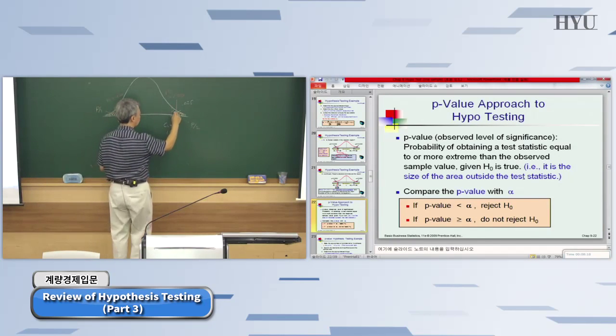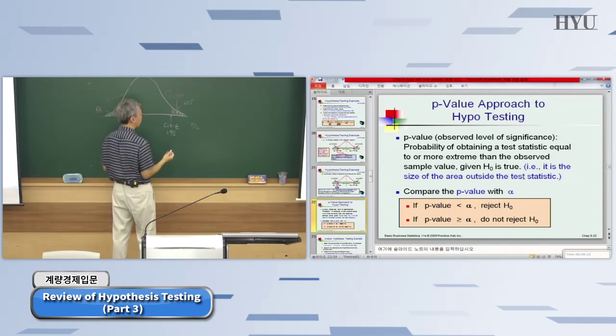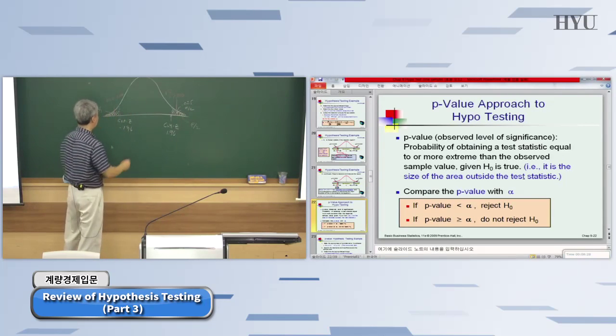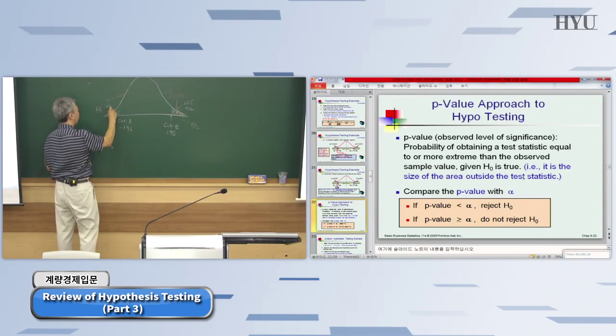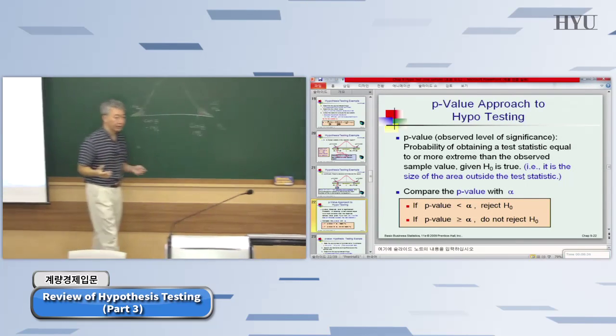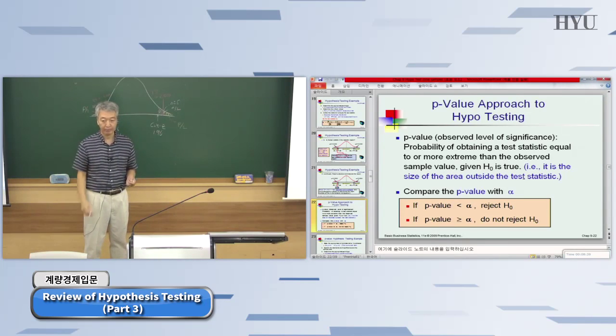Yes. This white shaded area, in our example, is 0.025, I told you, right? But that's half of alpha, and here's another half of alpha. So when you add them up, the total size of the white shaded area is alpha, okay?